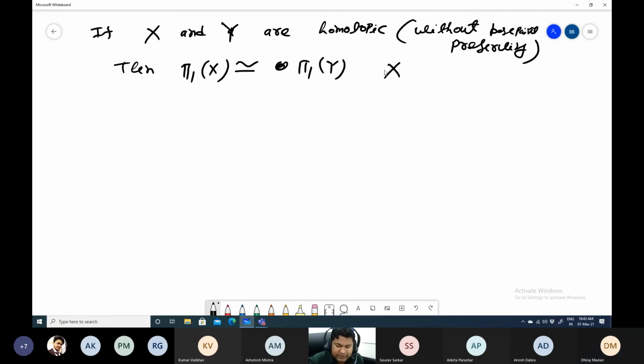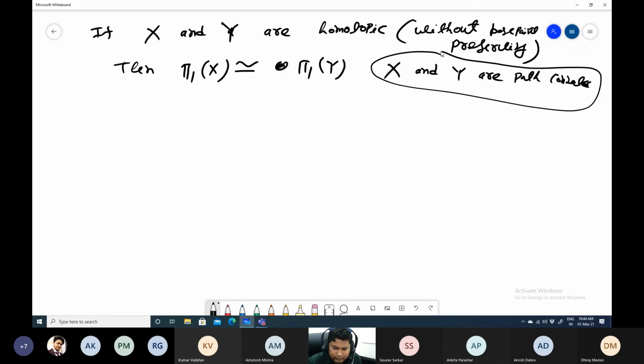That means everywhere in this algebraic topology course, if it is not mentioned, you should assume that X and Y are path connected. Because if you do not assume that it is path connected, then the fundamental group will not be unique. Depending on the base point, it may change, but we don't want that.